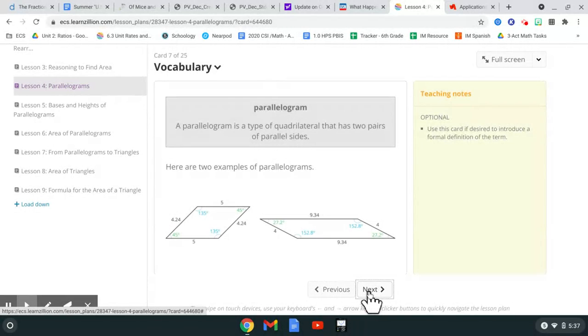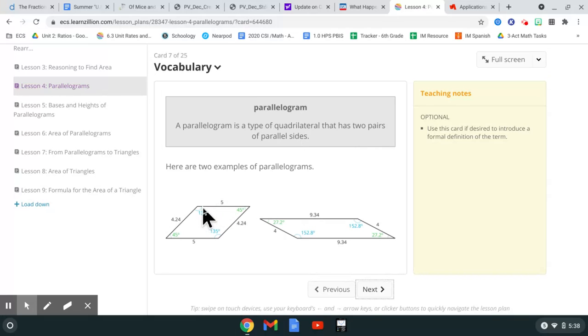Okay, so we're going to jump right into the definition of a parallelogram. A parallelogram is a type of quadrilateral, right? That word quad, again, quad means 4. So it's a type of quadrilateral, a 4-sided figure that has 2 pairs of parallel sides.